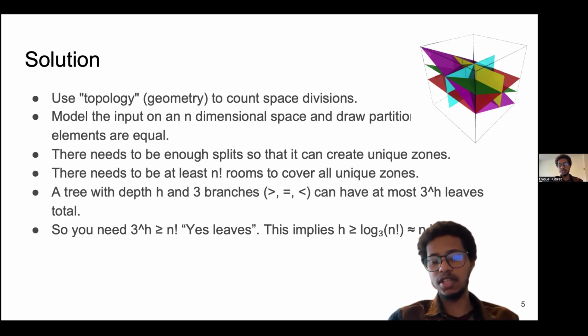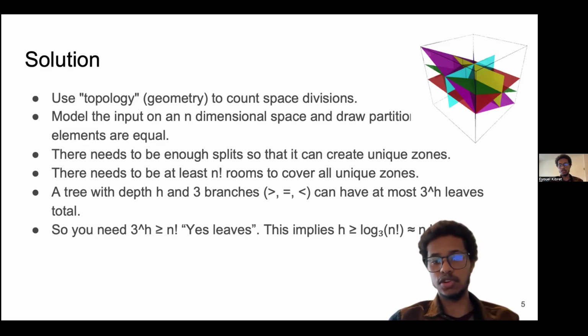They found that there needs to be at least n factorial distinct rooms, or distinct yes zones, to determine if the given inputs are duplicates. In the decision tree, we ask these polynomial equations, which are quite advanced in some cases, to check them. So we ask three questions.